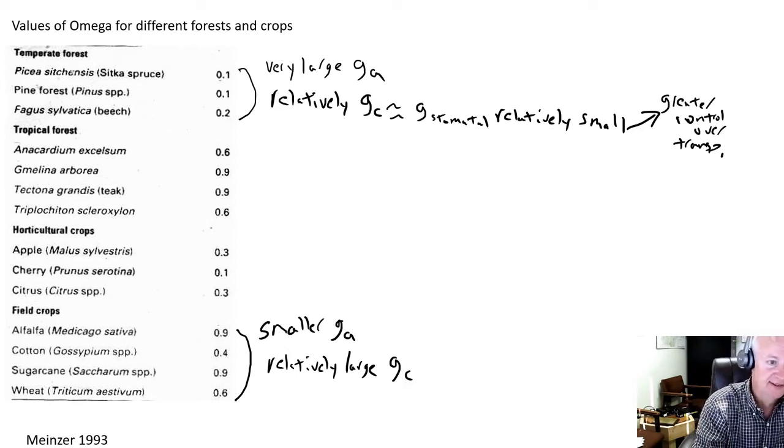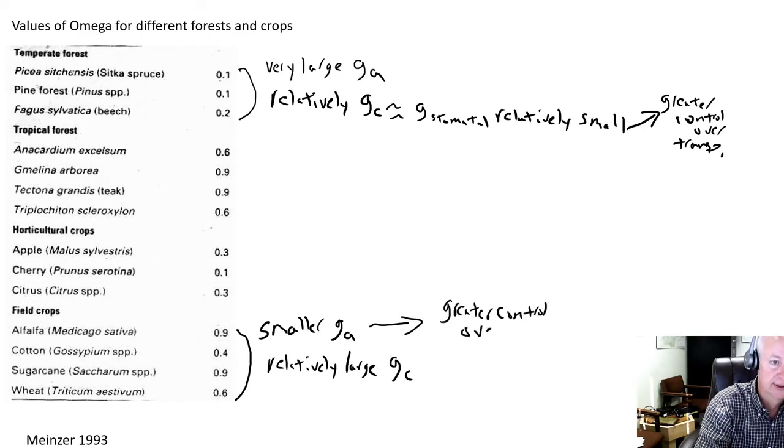Those two things together then end up being a situation with omega approaching 1, where boundary layer conductance ends up having a greater control over transpiration.